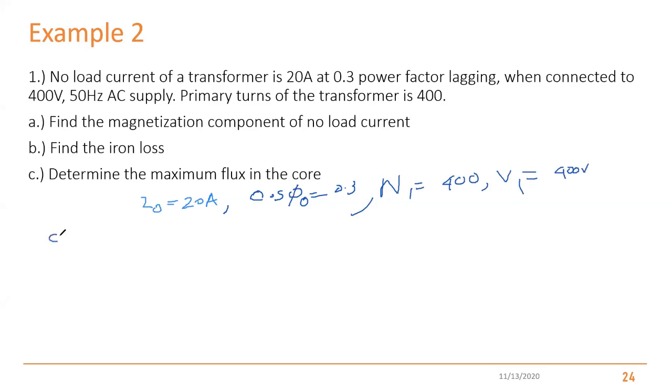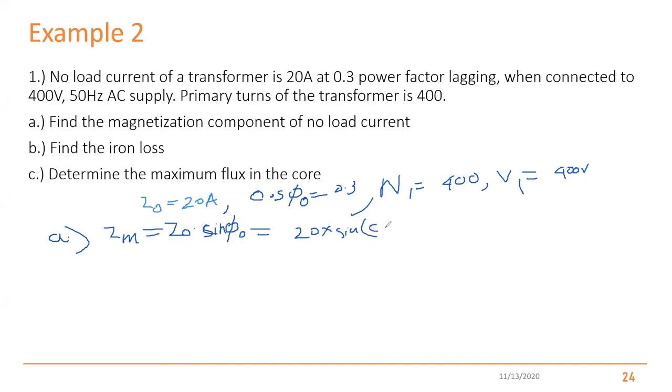In part A, it is asked to find the magnetization component of the no load current. That means you are asked to calculate IM. That can be easily calculated by I naught sine phi naught. I naught is 20, and you have to find this phi naught.